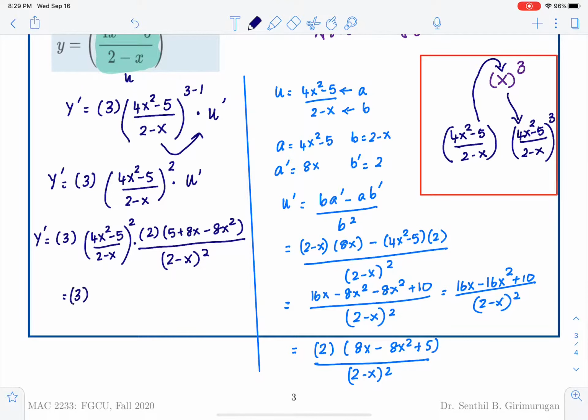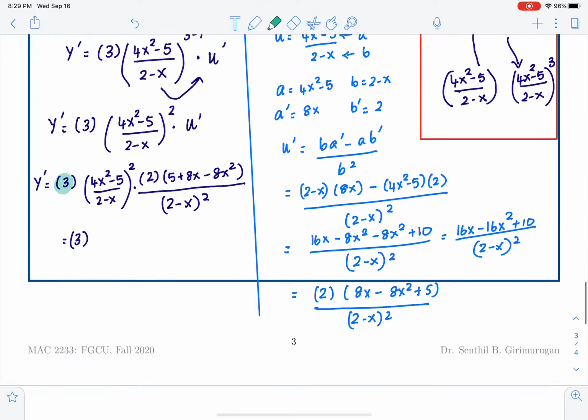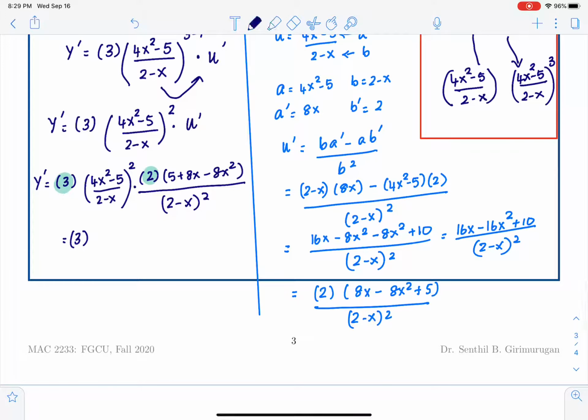I could combine the 3 and the 2 to get 6.